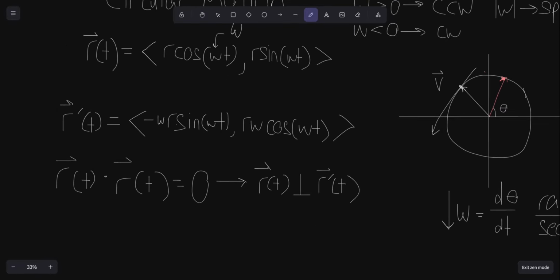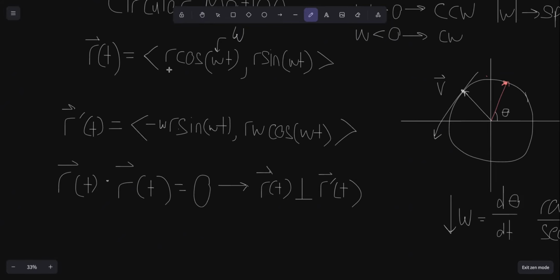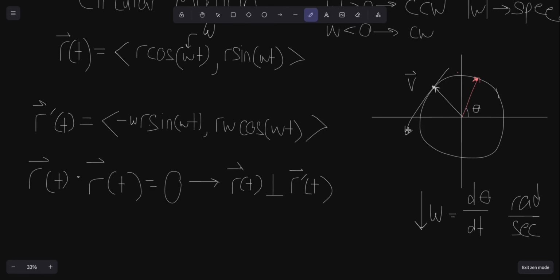If you actually do take the dot product, it's not hard to see why: this is just going to be negative omega r squared sine omega t cosine omega t, and you get the same thing here except it's positive. And so it adds up to 0, and so the velocity vector is going to be perpendicular to the position.